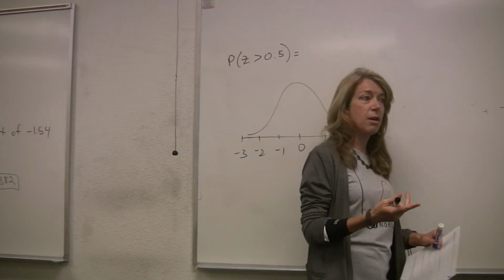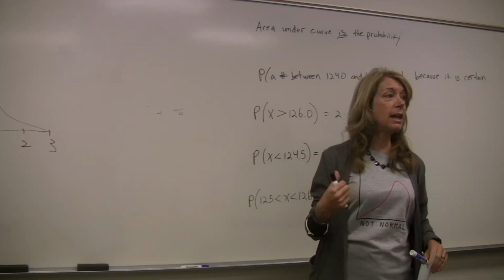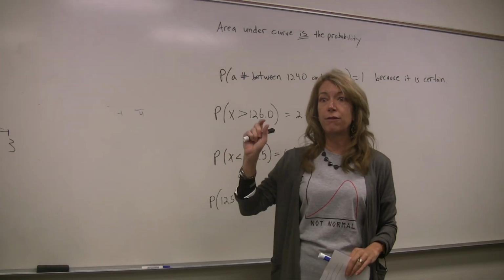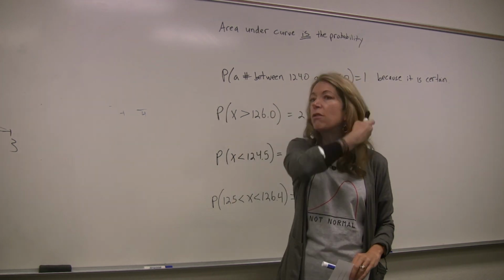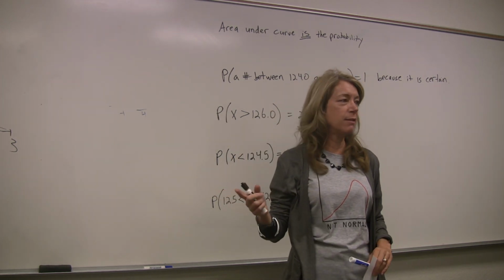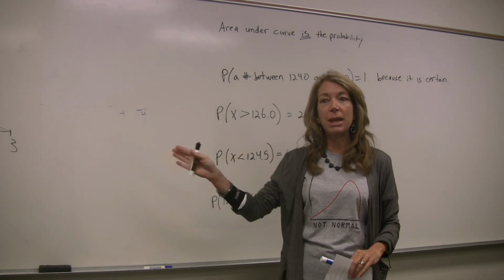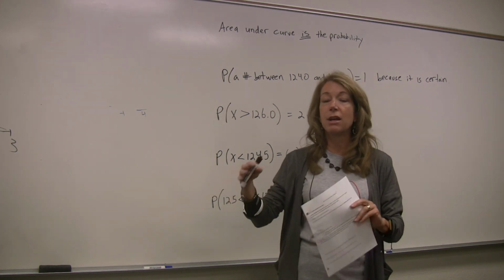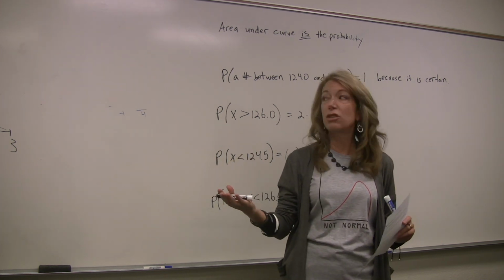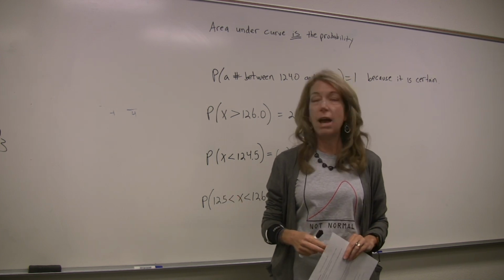Yeah, we're going to have to start with the complement, but before we even do that, I'd like to finish the picture. Again, I will never force you to draw the picture. Some of you can do it without the picture, but if you go into the math lab and ask for help on this, the first thing they're going to ask you is, where's your picture? Because if you have a picture, you can see if you're going right or left, if you want the left hand, the right hand. You can visualize whether or not your answer makes sense in terms of how big of an area it is. So I like to draw the picture.